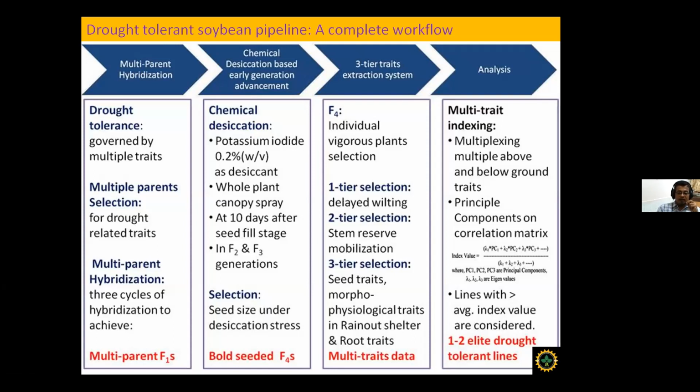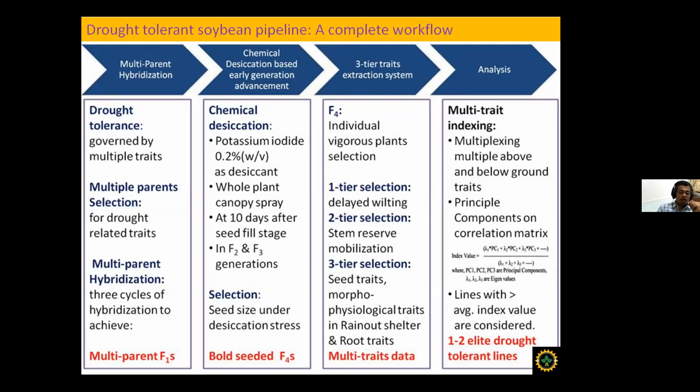Those genotypes which have been identified for delayed wilting are advanced to the next generation for stem reserve mobilization trait, and having combined these two traits, either combined or individually, in the selected genotypes.